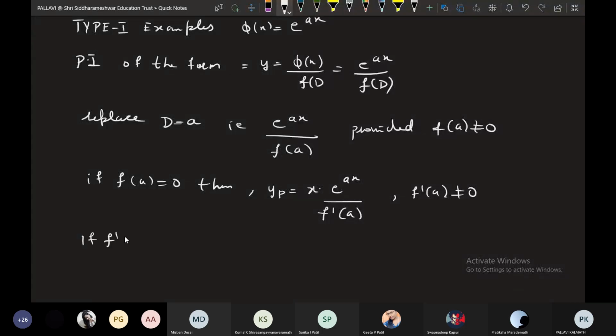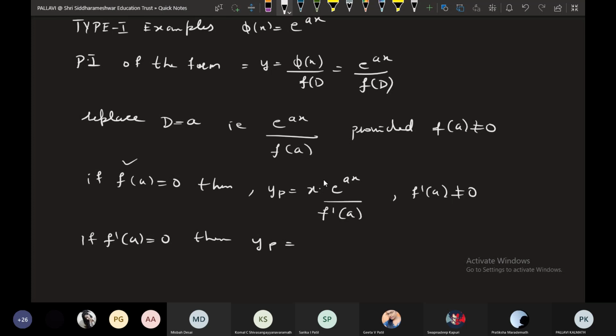Suppose f dash of a is 0, can you tell me what yp will be here? See, the first time when you got f of a equal to 0, you multiplied by one variable x, e raised to ax times x. Instead of f of a, we are taking the derivative of the function at the point a.